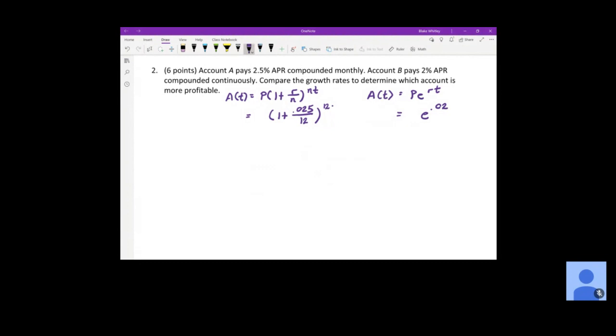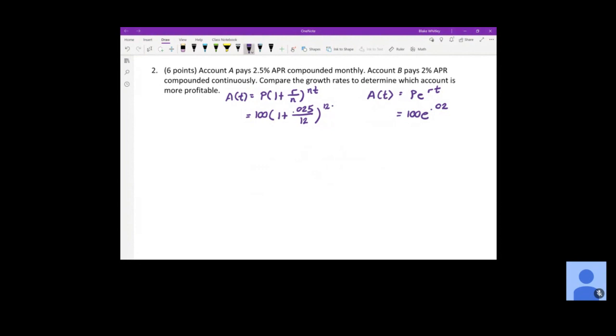So how much money would you like to invest? 100, okay? That means I'm going to let my principal here be $100, and then over here, I'm going to make sure I use the exact same principal for that one. And again, you can choose any amount of principal you want here, we're just trying to decide which one's more profitable, and so it doesn't matter as long as you use the same amount.